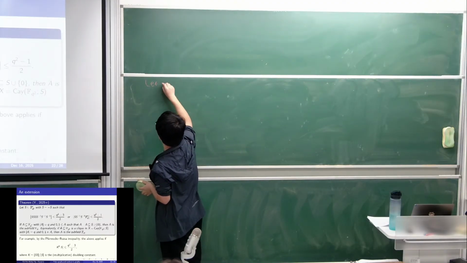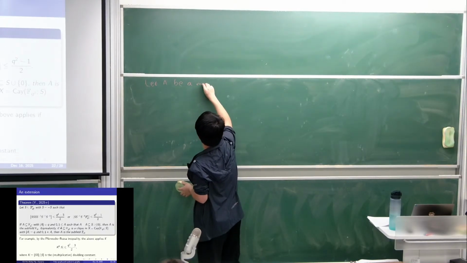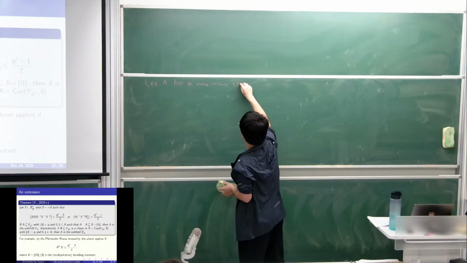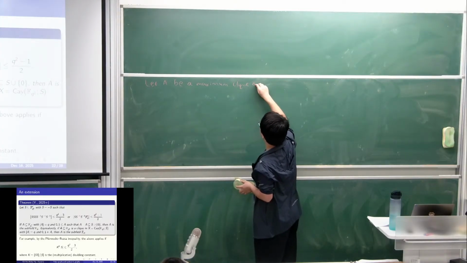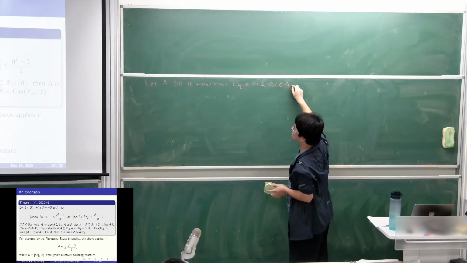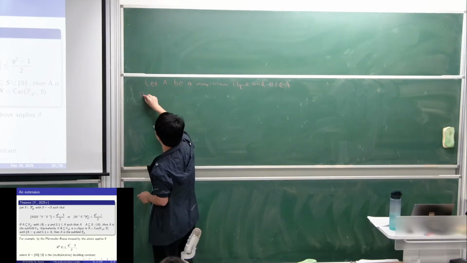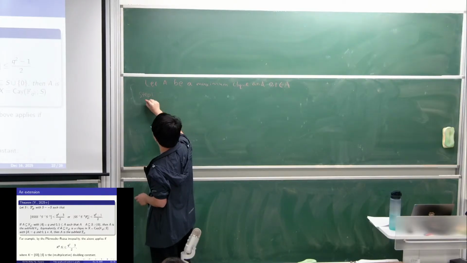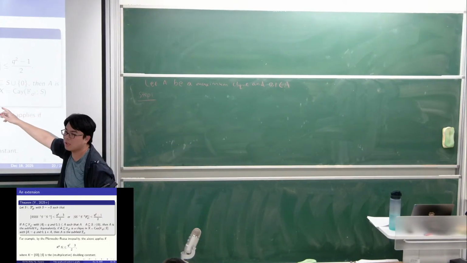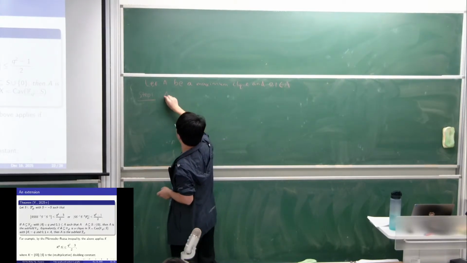Let A be a maximum clique, and let's assume that it contains 0 and 1. So step 1 of this proof is that I want to show something weaker. Our goal is to show A is a subfield, right? So first I want to show A is a subspace.